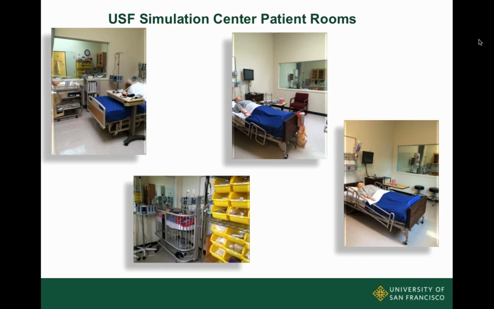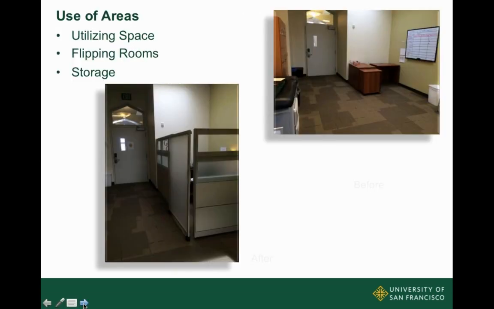This presents an exciting challenge for the University of San Francisco School of Nursing and Health Simulation Center faculty and staff. Every semester, about 75% of the nursing students use the lab in various capacities. So let's talk about the use of areas.